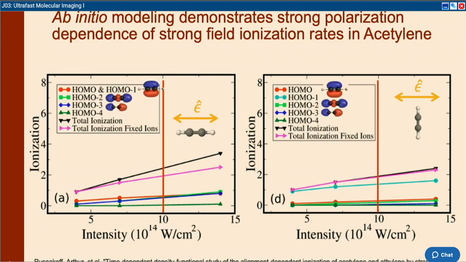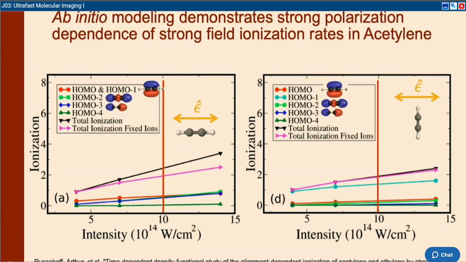If the acetylene molecule is aligned with the polarization, then you should see that the red, blue, and green curves have similar ionization rates for our experimental intensity of 10 to the 15 watts per centimeter squared. So this tells us that if the acetylene molecule is aligned with the polarization of the laser pulse, we should see similar ionization yields out of the pi and sigma orbitals.